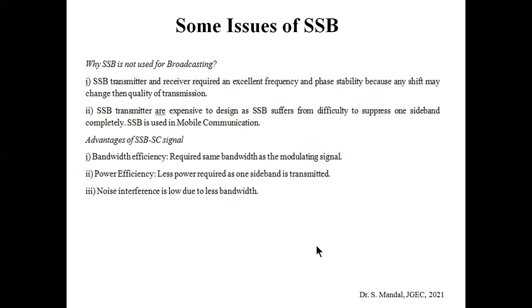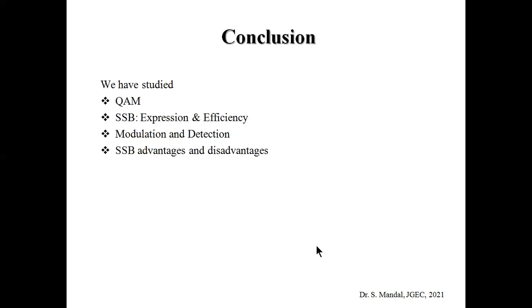To suppress one sideband, the components are very expensive. For that purpose, SSB is not popular in broadcasting. However, SSB is used in mobile communication. So DSB is used in the broadcasting of radio signals, whereas SSB is used in mobile communication. So remember this.